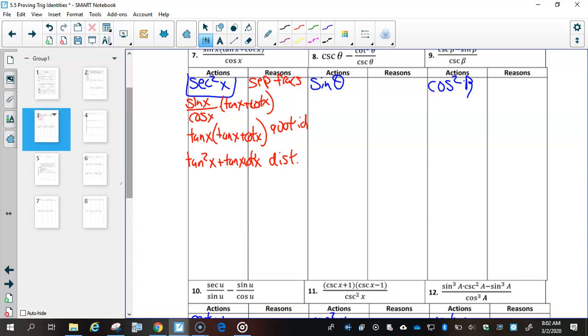Or if you know that they are reciprocals and they're sitting right next to each other, you can say that by the reciprocal identity, even though you didn't actually do it, that would be 1. Now you could actually change it and the same thing would happen. Tangent squared plus 1 is secant squared by Pythagoras.